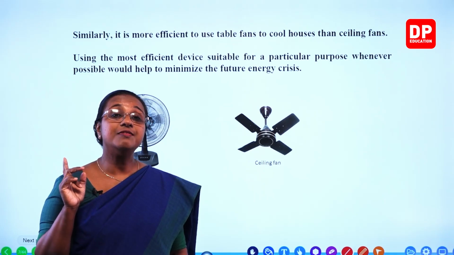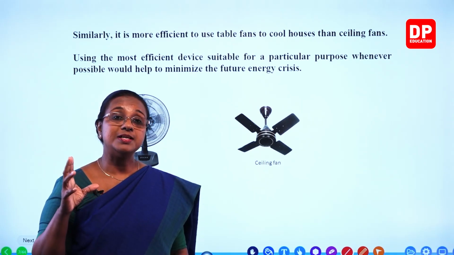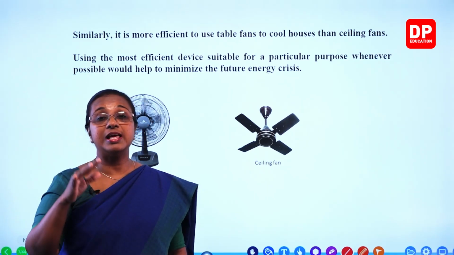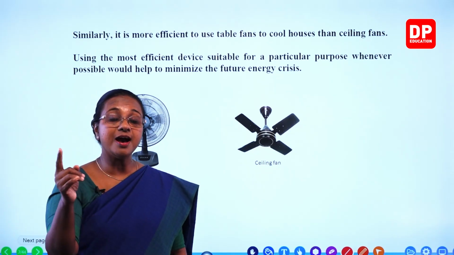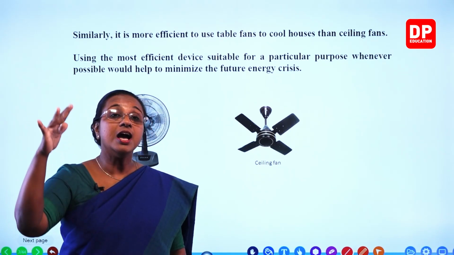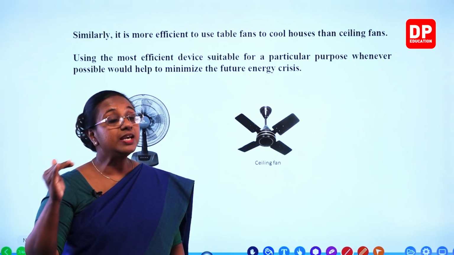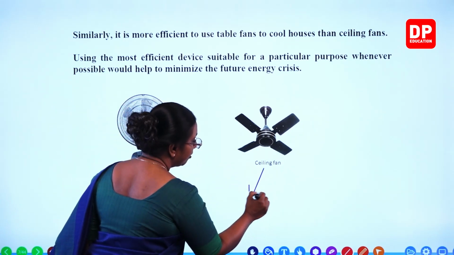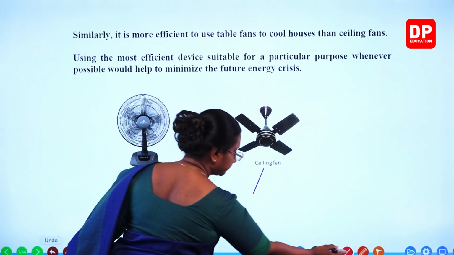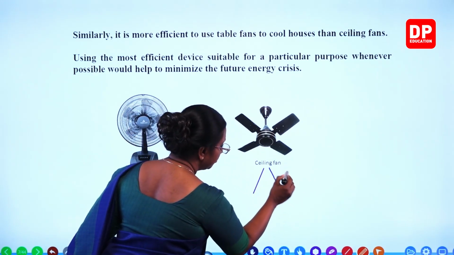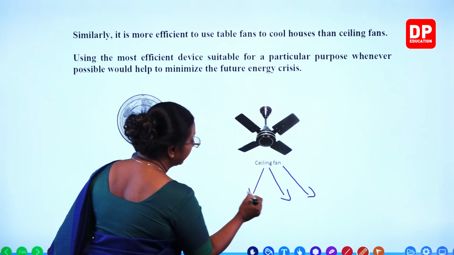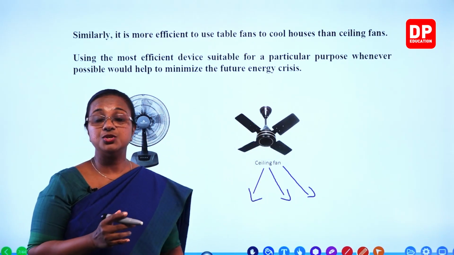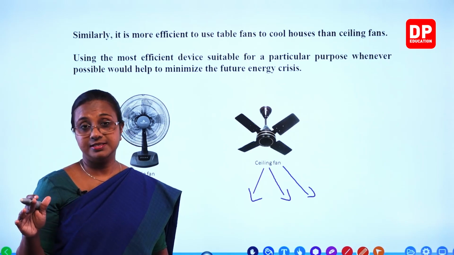There, when the fan rotates, it pushes the cool air down. It rotates the air and it has to push the air downwards. So it has to push it down, and because of that, it needs to consume more electricity.